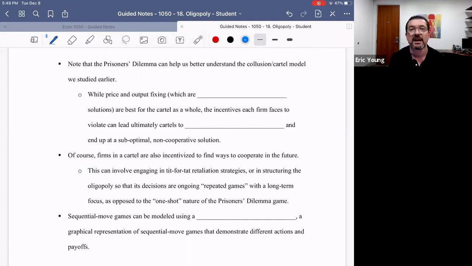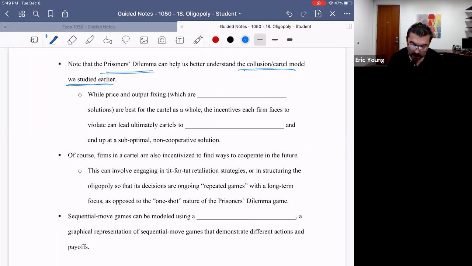The big takeaway here is to understand that the prisoner's dilemma can help us to really see and understand the incentives and therefore the predicted behaviors of the different players in the collusion cartel model that we studied earlier.